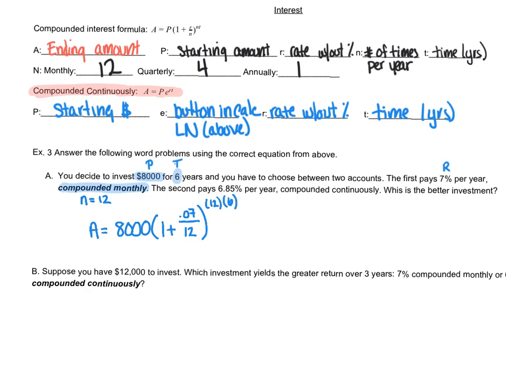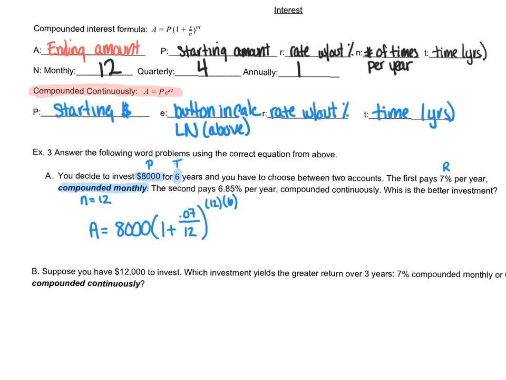So in my calculator, I'm going to do 0.07 divided by 12 equals, then I'm going to add 1 to that, put that to the power of 12 times 6 using parentheses, which is 72, and then times it by 8,000.